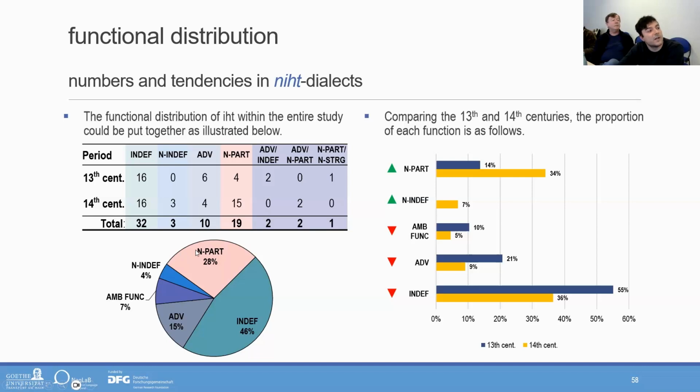And if we look at the development of these uses from the 13th to 14th century again, we can see that actually almost all the functions have decreased from 13th to 14th century. Only those with a negative semantics have increased or emerged even in the 14th century. So the one as a negative particle or the one argumentally used as a negative indefinite emerges during the 14th century first.